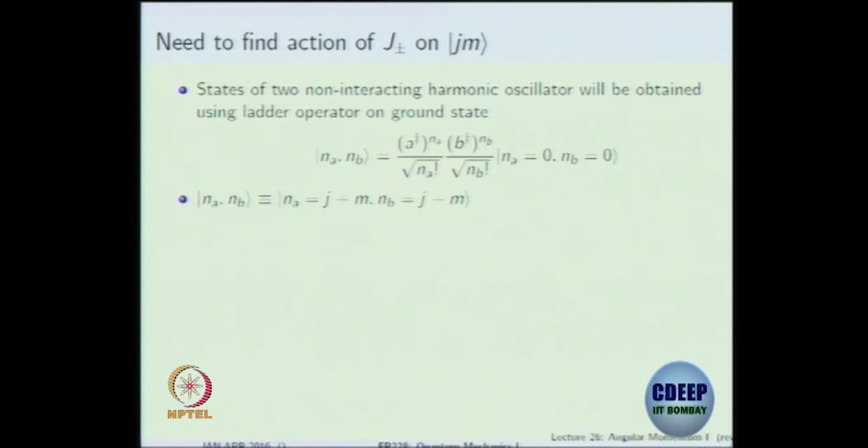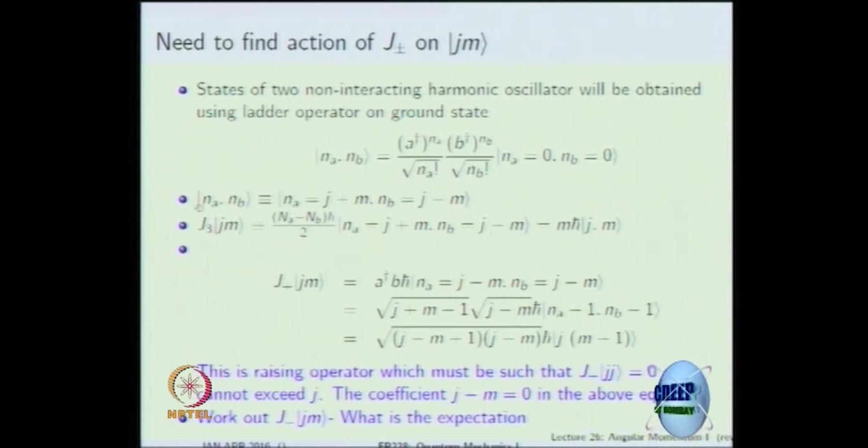So, just to go over it again on the slide. This is what we did, and you can try to write J3 eigenvalue as M h cross, and then J plus. If you try to do this, you will get Na to be raised by 1 and Nb to be decreased by 1, which you can write as J and magnetic quantum number increased by 1.